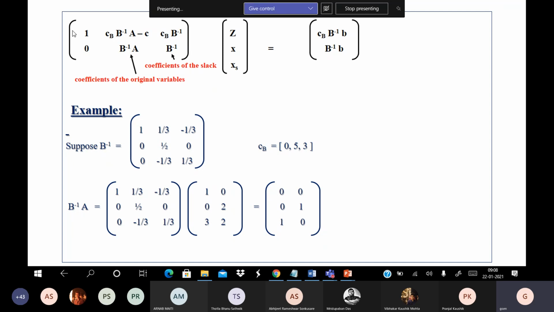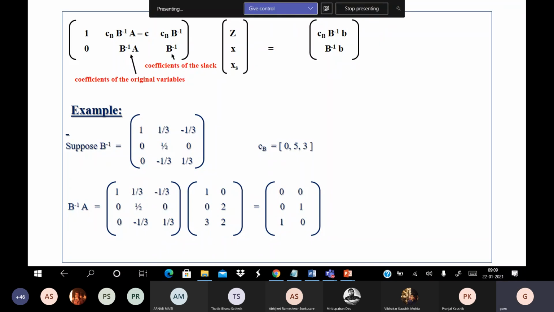The first row is the objective row z, and then the second is a set of rows for the basic variables xb. The values of those basic variables xb are given in the right hand side, which is B inverse b, and the value of the objective function is CB B inverse b. So understood?